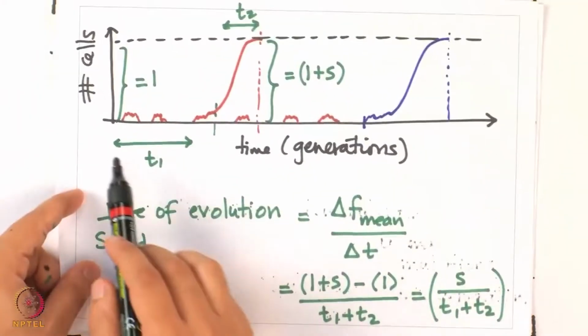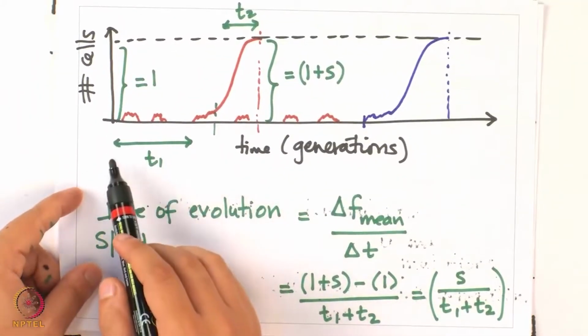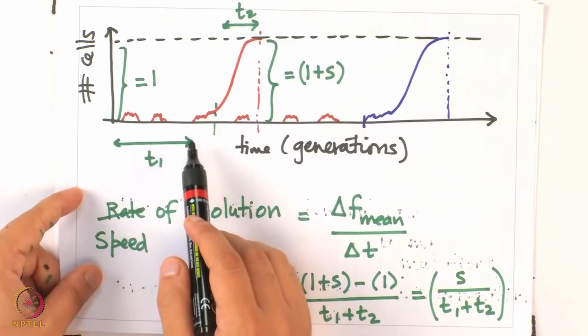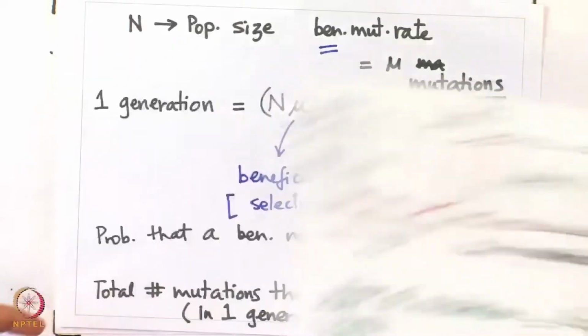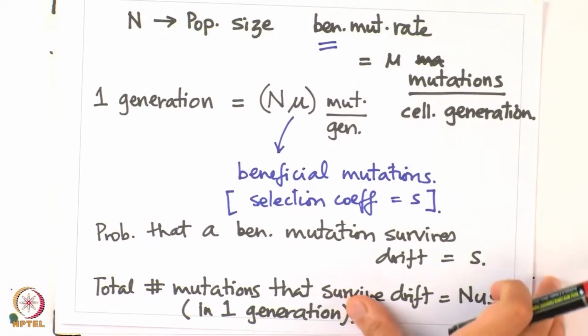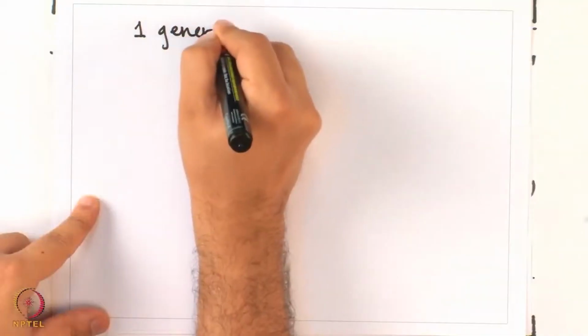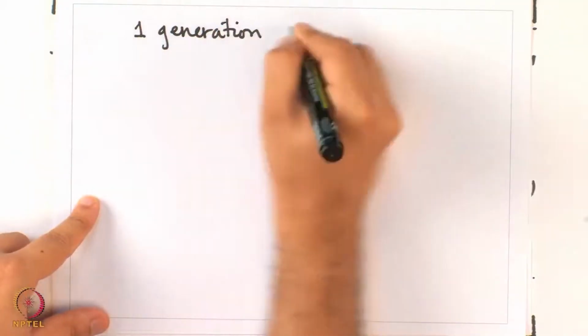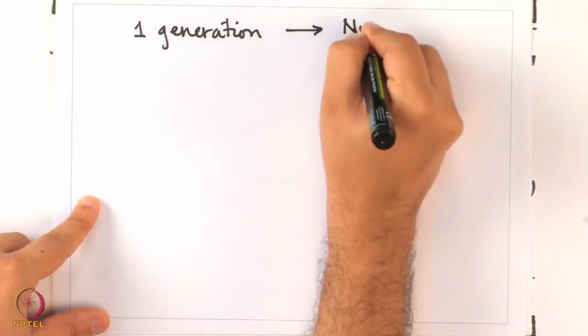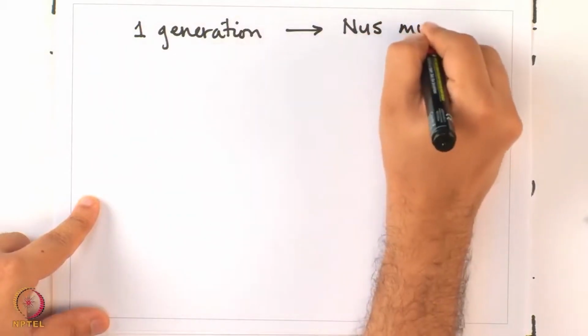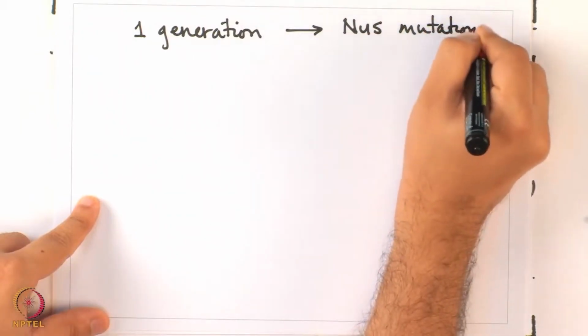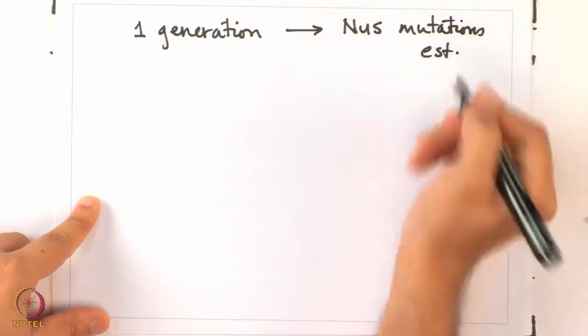What I want is how much time, in terms of number of generations, do I have to wait for the first mutation to get established. That is pretty straightforward, because what I have found is that if I wait one generation, I get n mu S number of mutations which get established.